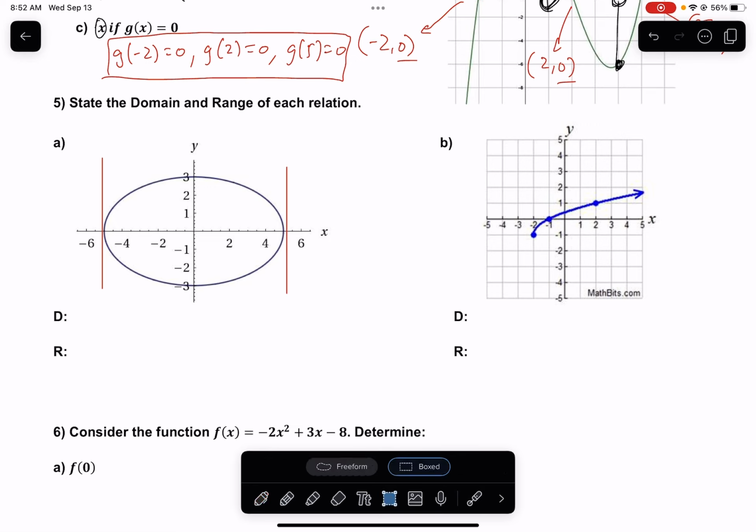Does anybody know what the adult version of an oval is? Yeah, that's maybe grade 3 back. We go backwards. It's an ellipse. An ellipse. I like oval better. It's an oval.